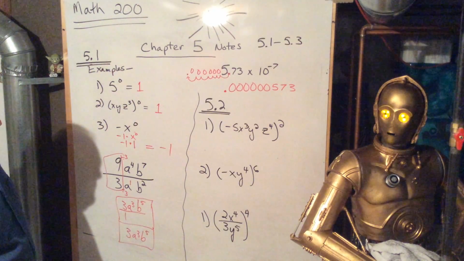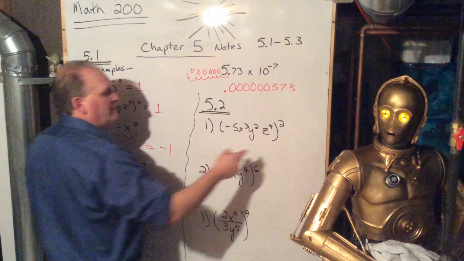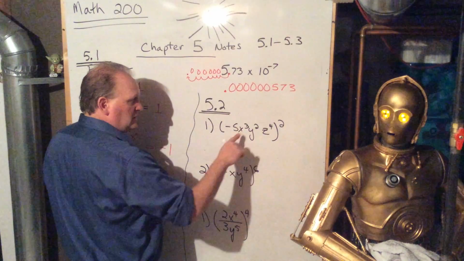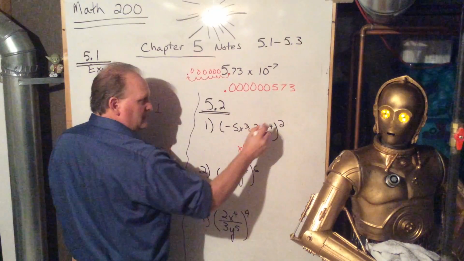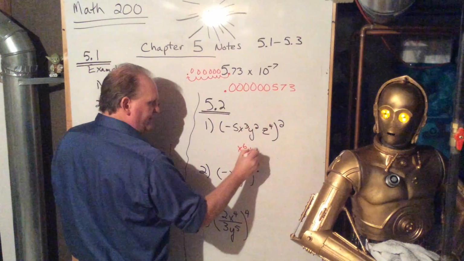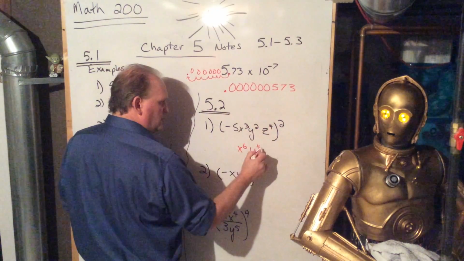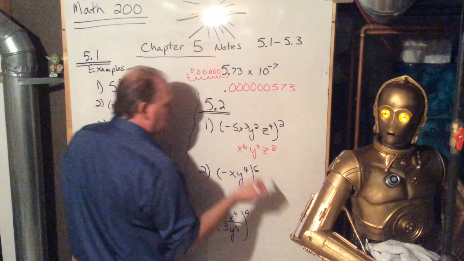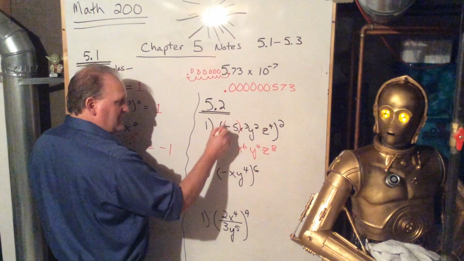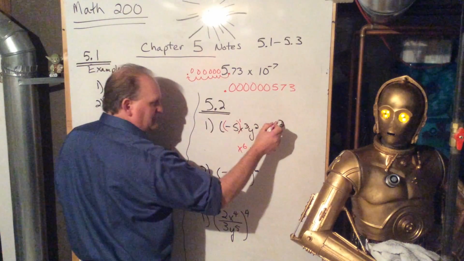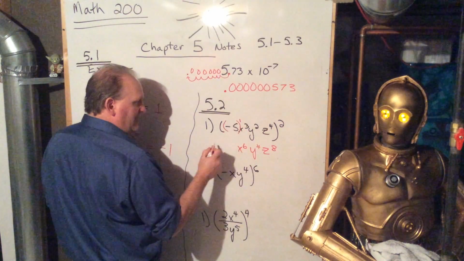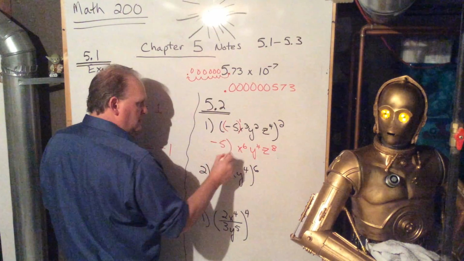When we have powers raised to powers, 5.2, we multiply those. So we take 2 times 3 to get 6. We take 2 times 2 to get 4. We take 2 times 4 to get 8. Now don't forget, this is negative 5 to the 1st power. And so if I take 2 times 1, that is 2.